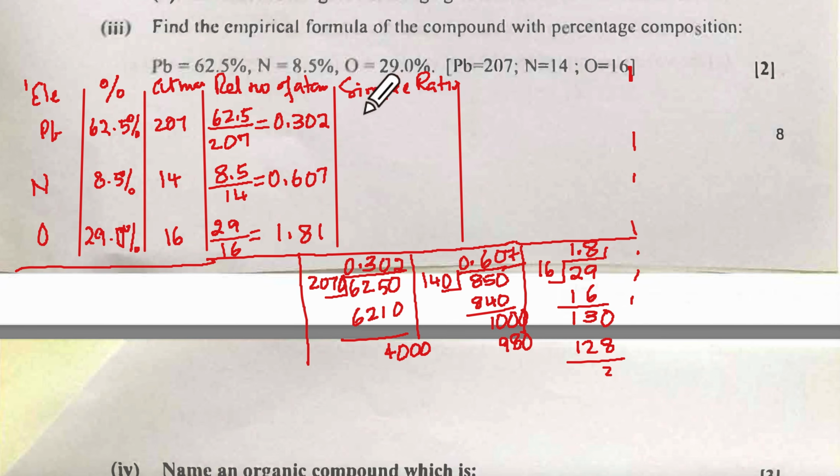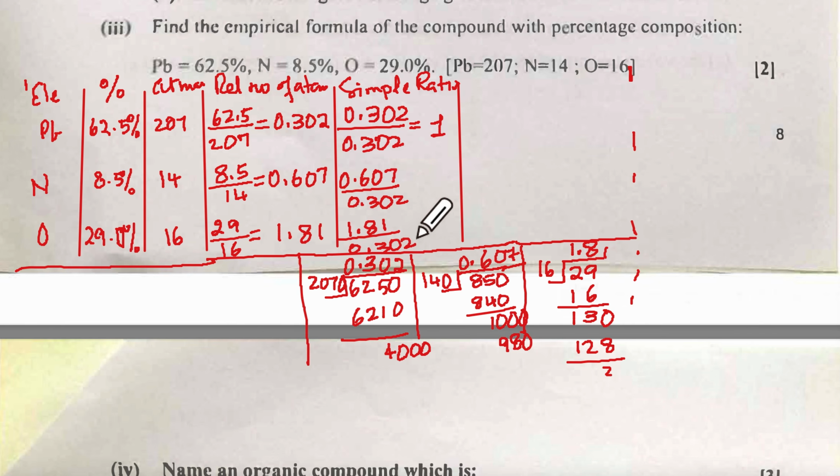So I am just showing you one trick. This will be the least, 0.302, which will go once, which is good. 0.607 upon 0.302. So here it will be 1.81 upon 0.302.